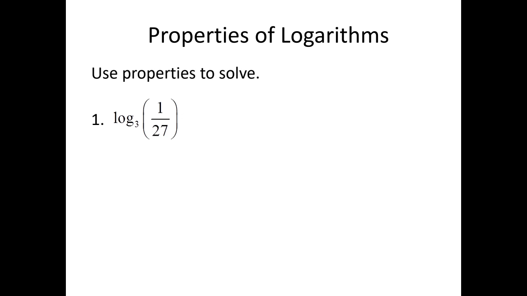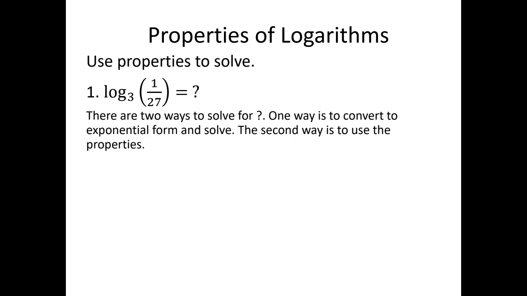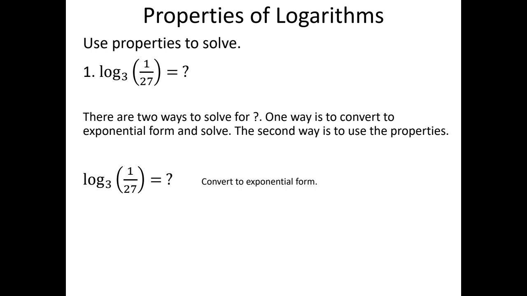Okay, let's use properties to solve. Let's not use a calculator. So what I'm going to do first is, can I make that 27 have a base of 3? The answer would be yes, right? But I see that we're going to solve this a different way.